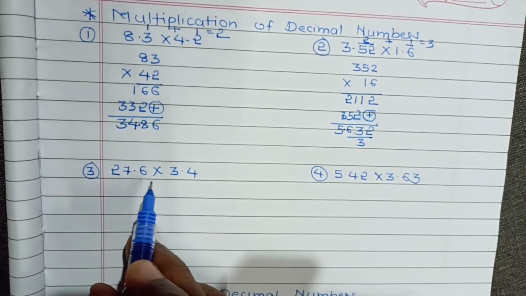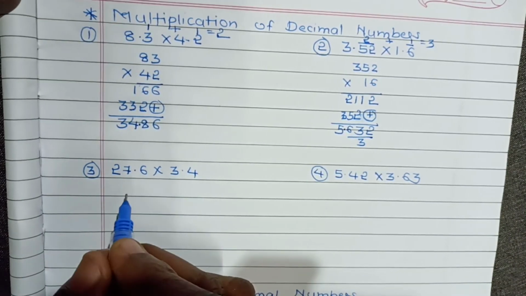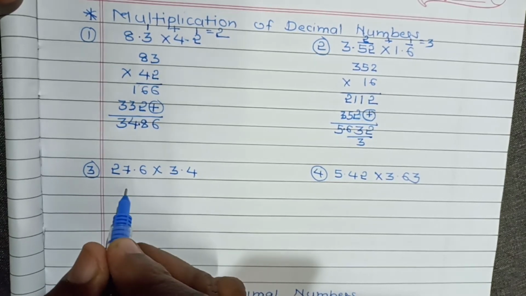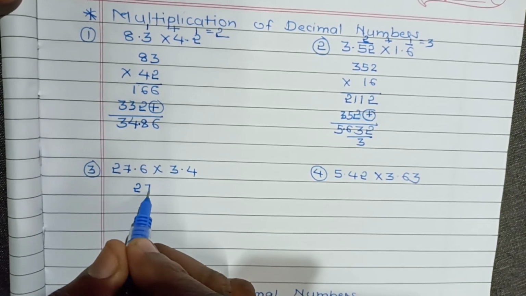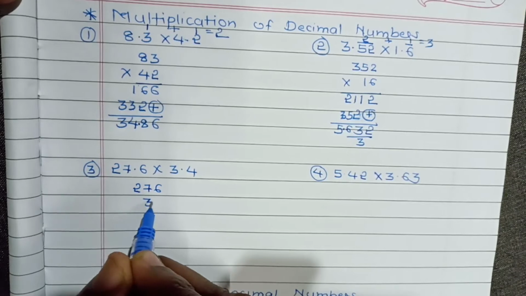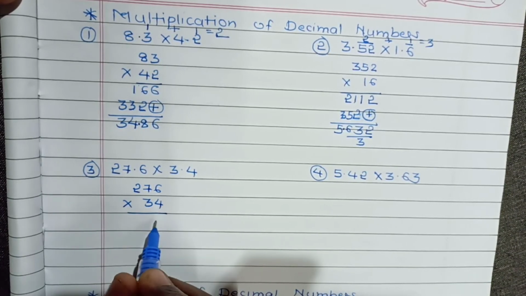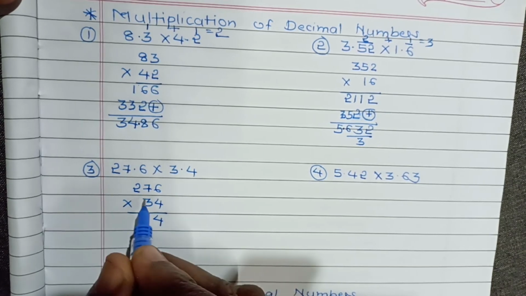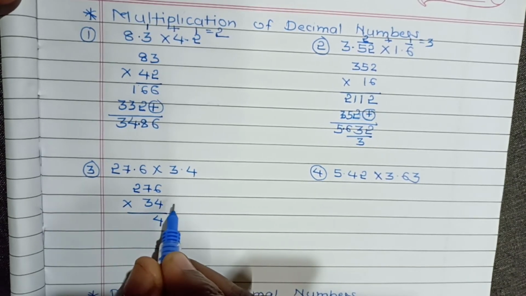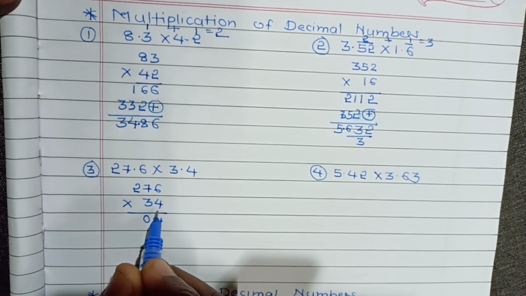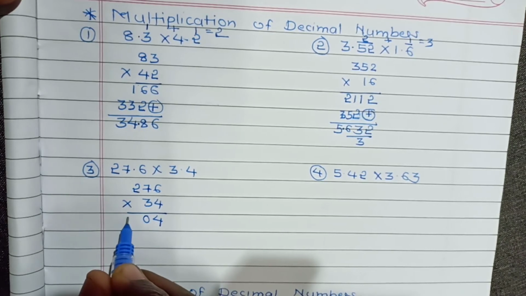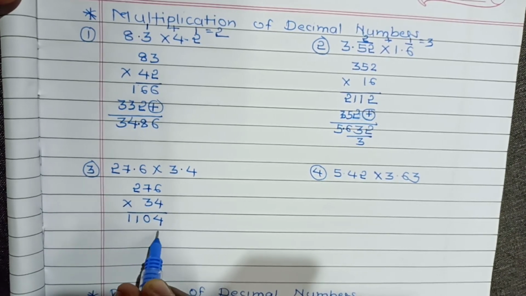Third one is 27.6 multiplied by 3.4. So without decimal point you have to write this number. This is 276 multiplied by 34. So 6 fours are 24, 2 remains. 7 fours are 28, 28 plus 2 is 30, 3 remain. 4 twos are 8, 8 plus 3 is 11.